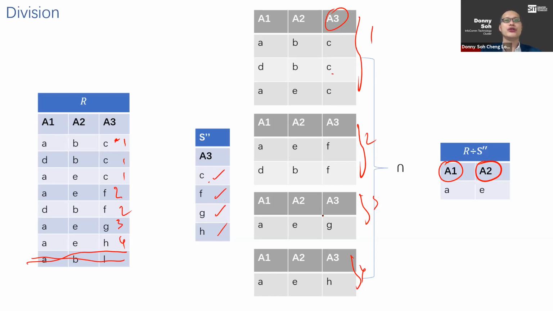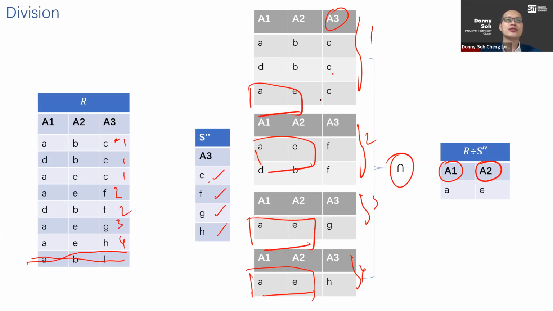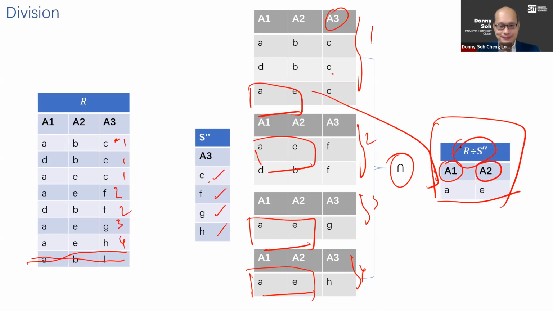And what we do is we take the intersection of all four of these so-called tables. The only one that appears is AE, which is here. So this is then the resultant of this division operator.